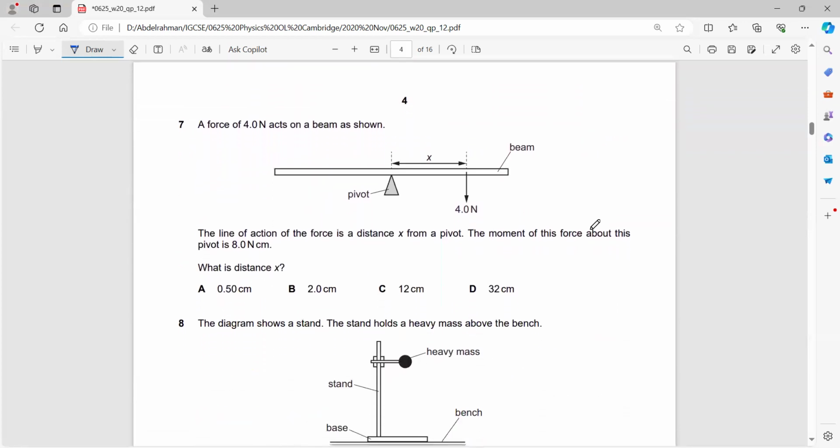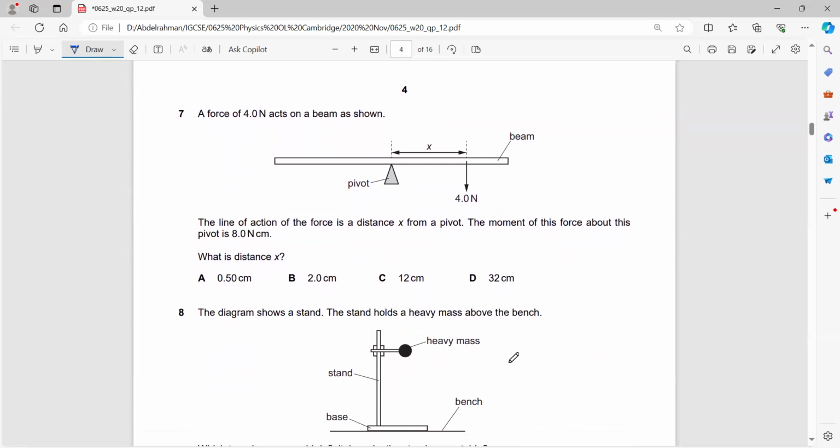A force of 4 newtons acts on a beam, as shown. The line of action of the force is a distance x from the pivot. The moment of this force about the pivot is 8 newton centimeters. What is the distance x? You have the moment, you have the force, and you need to find the distance x.